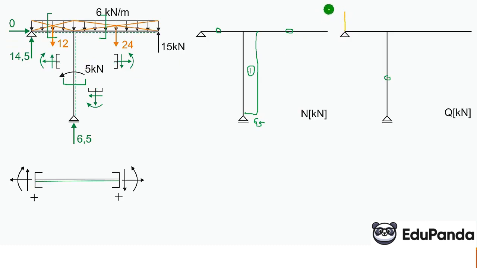Then, since there is a continuous load, we will slide down on this diagram linearly by the resultant value from the continuous load, which is 12. So from 14.5 linearly in the direction indicated by this resultant, meaning downwards, opposite to the positive direction. Oh, that was supposed to be linear, wait.